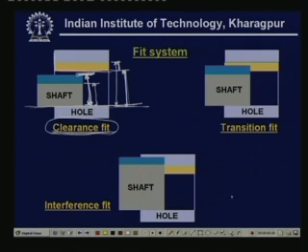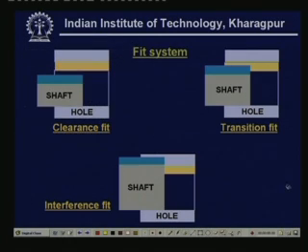Similarly, if we come down to the next one, there is another fit which is called the transition fit. What is the transition fit? You can see that in a similar manner the shaft can have this minimum dimension, and this is the minimum dimension of the hole.